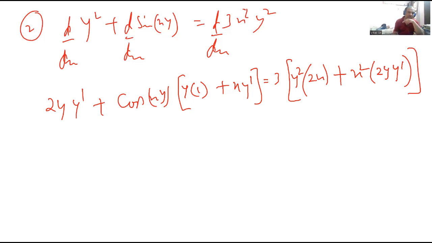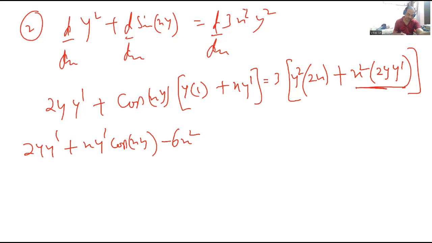Okay, now the main concern is that you have to put all the terms containing y dash on the LHS. Now you will have 2y y dash plus x y dash cos(xy), and minus 3 times 2, which is 6x squared y, and y dash on the LHS.